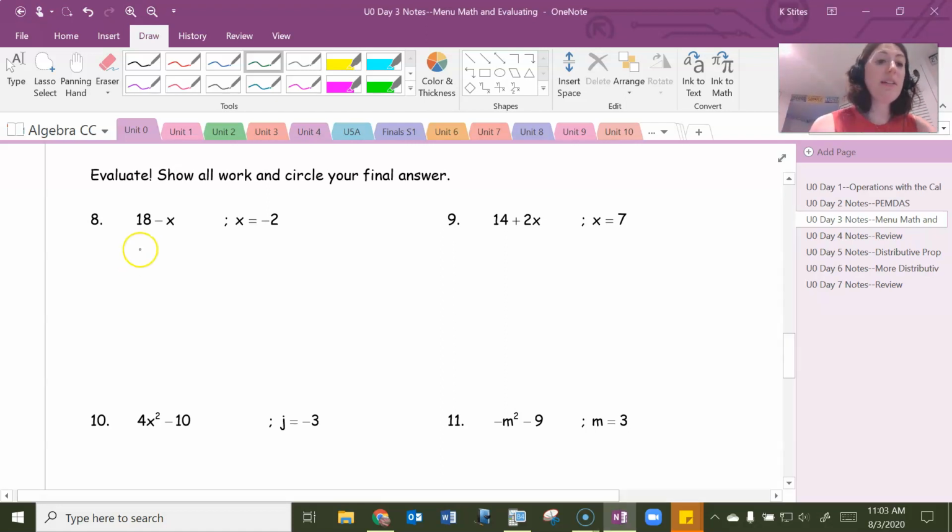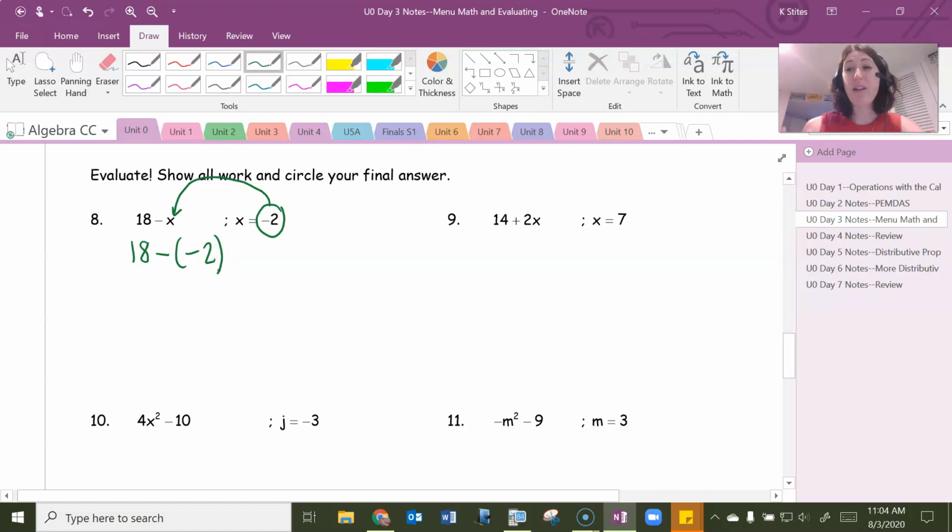So we are going to physically take this -2 and replace the x. Make sure you still have this minus. It's still there. The x is being replaced with the -2. Whenever I plug a number in place of a variable, I always put parentheses around it. Then you can either use your calculator or do your double line rule here, and your answer is just going to be 20.